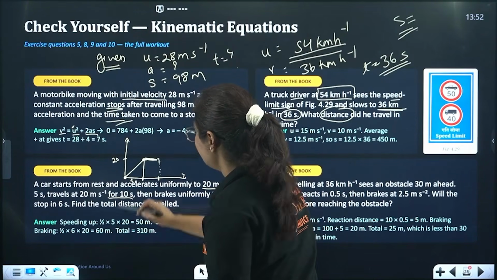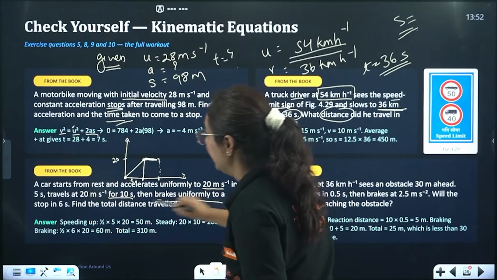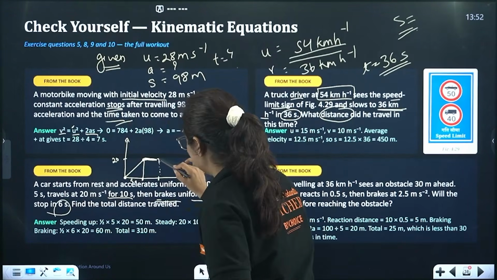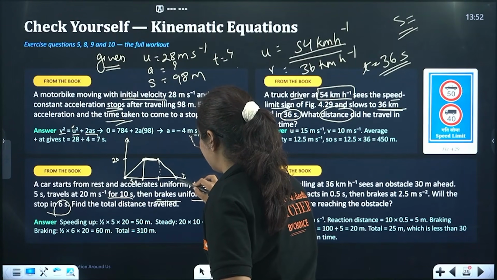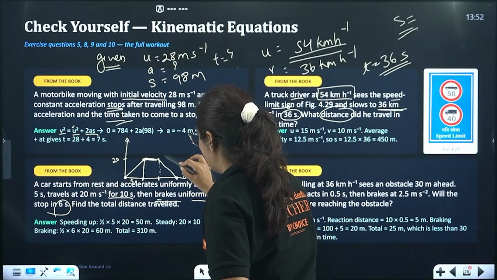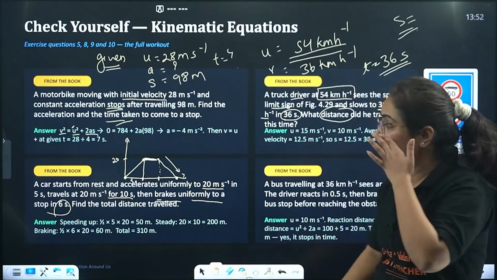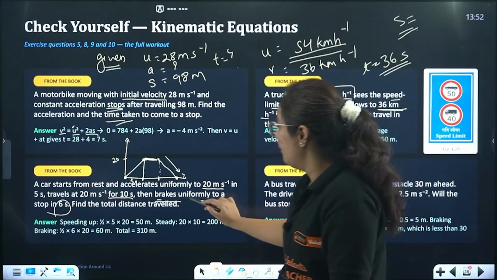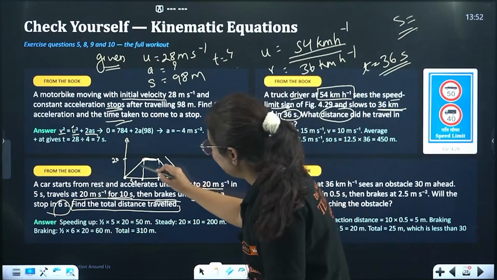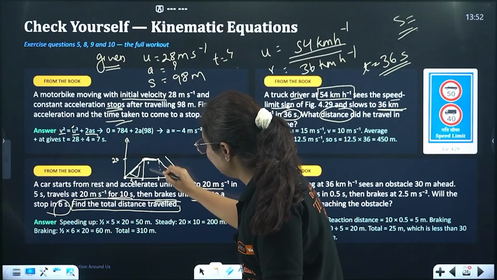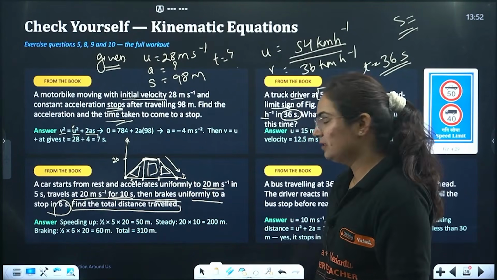Then it brakes uniformly to stop in 6 seconds. In the next 6 seconds, it has to brake, and hence the velocity will decrease. Find the total distance traveled. Can you see that this is the area of a triangle, a rectangle, and then a triangle, right?